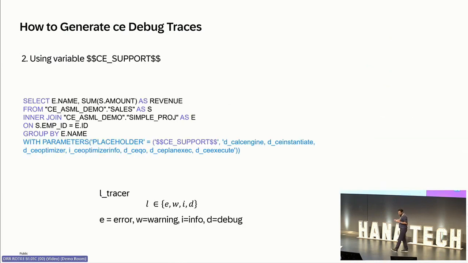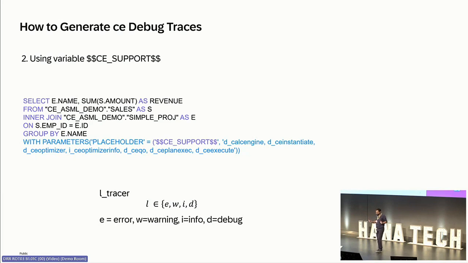And another way is to use the variable CE support. This is another way to get a file per query. So it's very useful. It's very easy, actually. You have this select query, for example, that I'm showing here, and you just add the last part in blue, which is the syntax that we use to provide values to variables, and the value of this should follow this particular syntax.